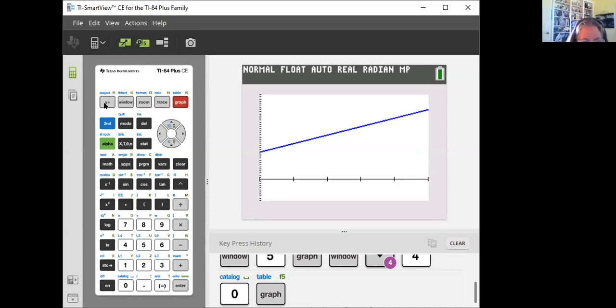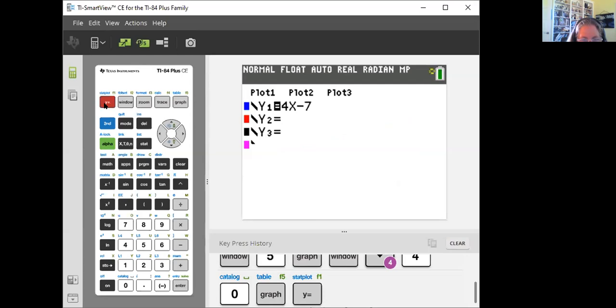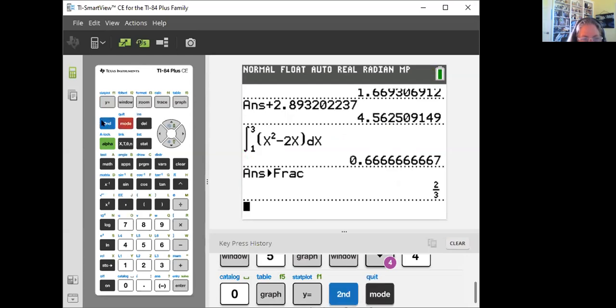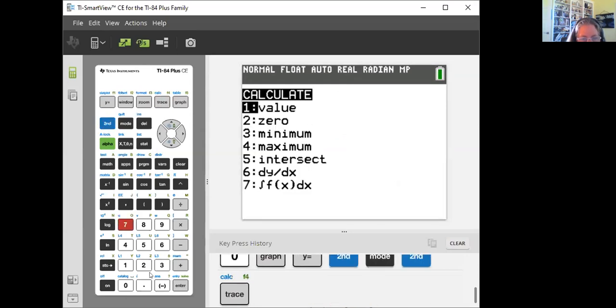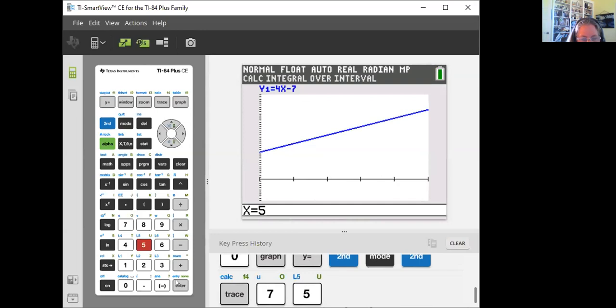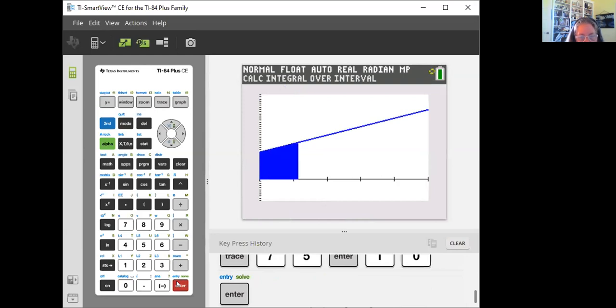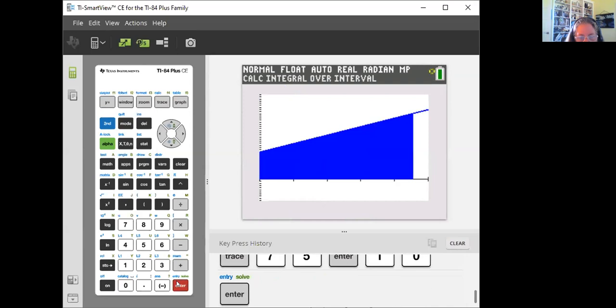So because I have the grapher up, I'll just do it graphically. Second trace, integral number 7. Lower limit is 5, and upper limit was 10. All right, it comes back with the area under that curve is 115 units.